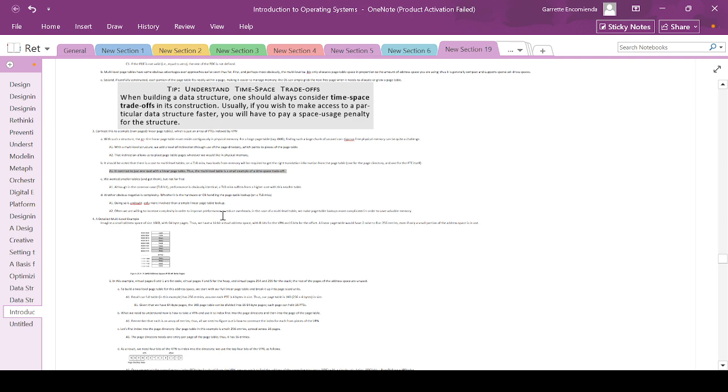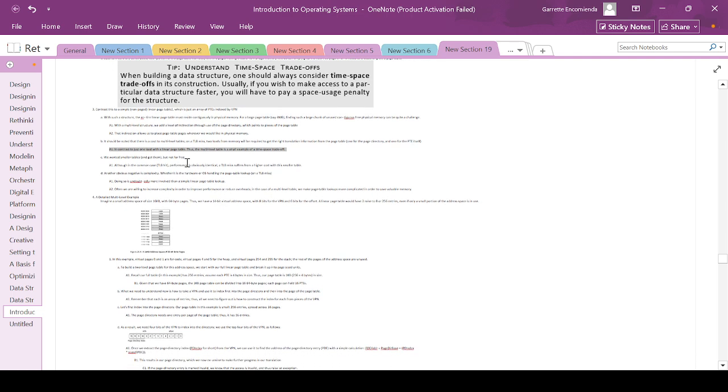In contrast to just one load with a linear page table, the multi-level table is a small example of a time-space trade-off. So we save memory, but we increase the time of translation.